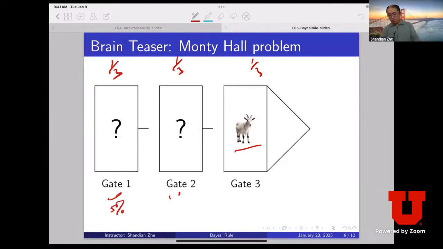Given you see the goat in gate 3, the car can only be behind gate 1 or gate 2, so they should have equal chance. But this is not correct. Why is this not correct?